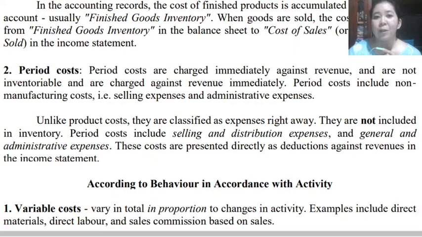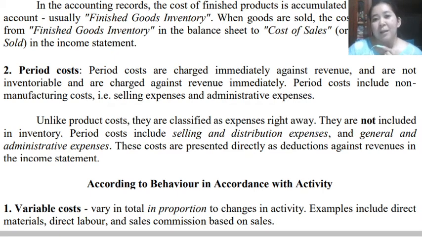Since they are the opposite of product cost, we do not capitalize or inventory them. When these expenses are incurred, they will be recognized immediately. Meaning these types of costs will not be accumulated under our inventory account. They will be recognized already as expenses.